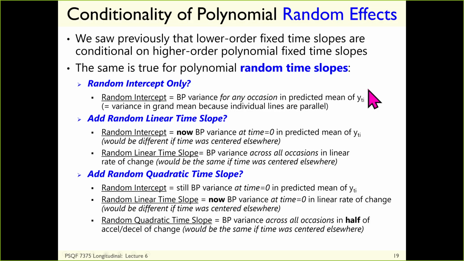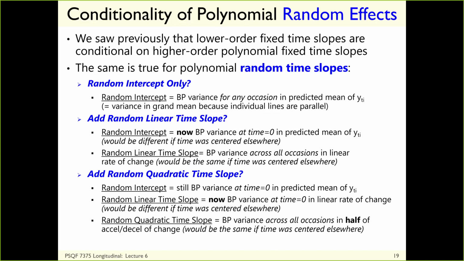So this is just reminding you that the same conditionality with respect to what becomes conditional on time 0 that we saw on the fixed side happens on the random side. So on the random side of the model, regardless of what's on the fixed side, as you add terms sequentially as new random effects, if I only have a random intercept, then that intercept variance represents between person differences in the mean.